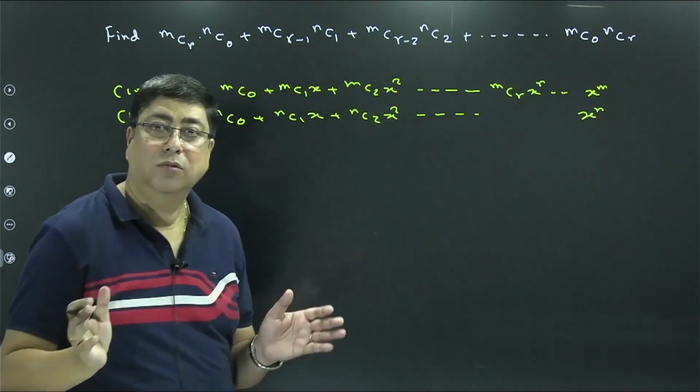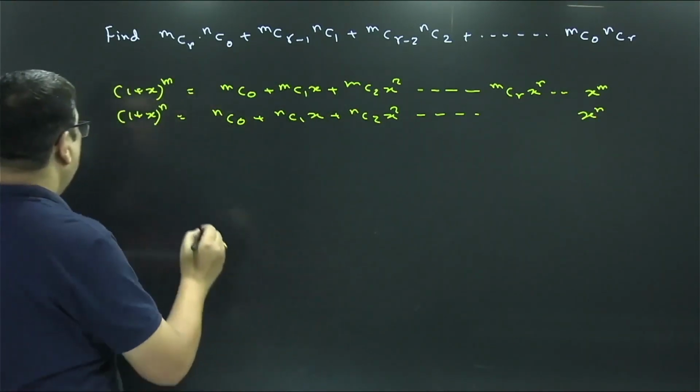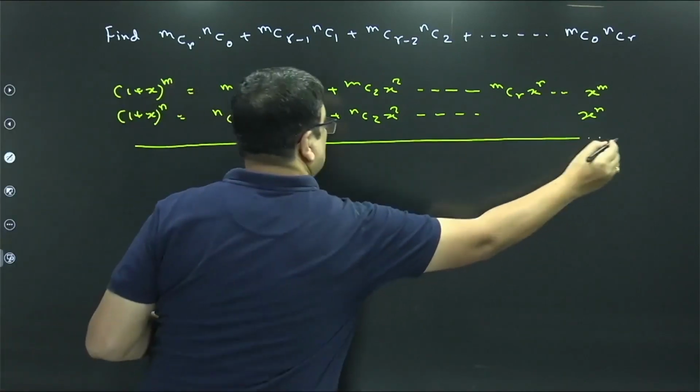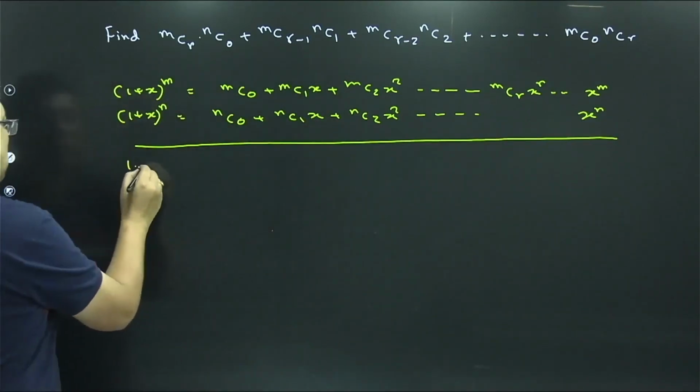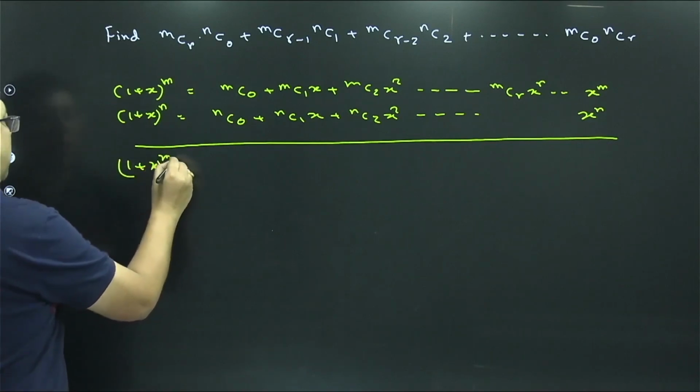If we multiply the two series, we are getting here (1 + x)^(m+n).